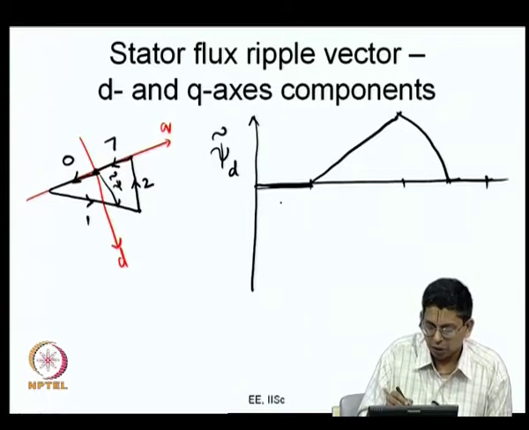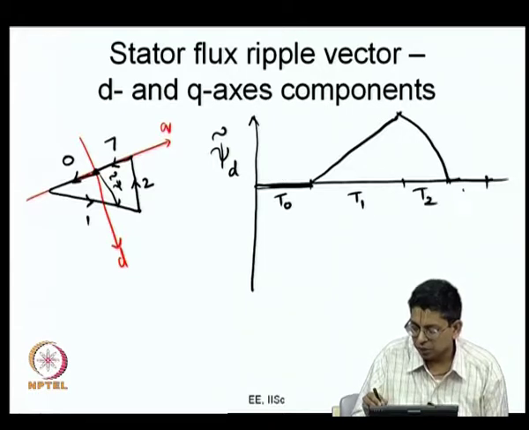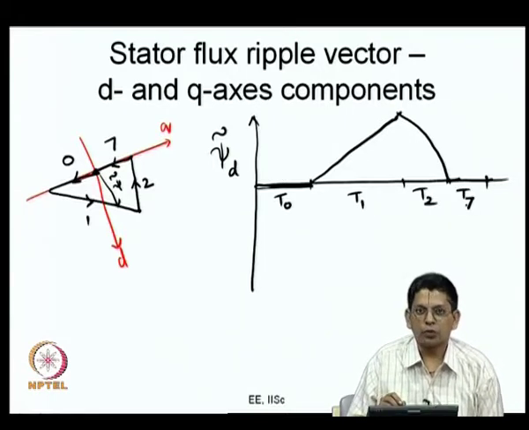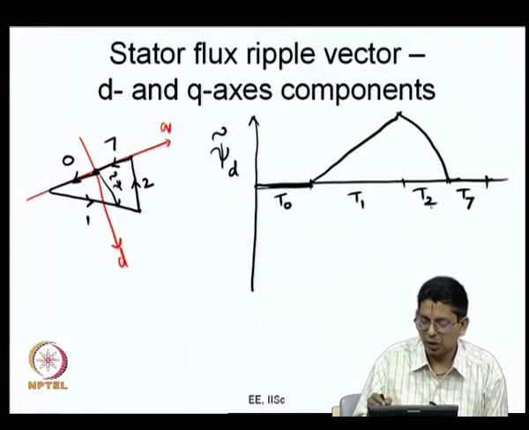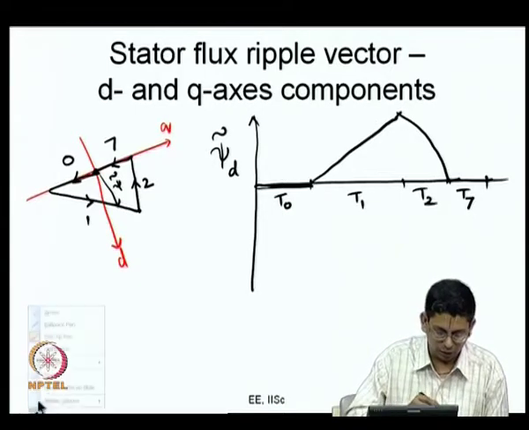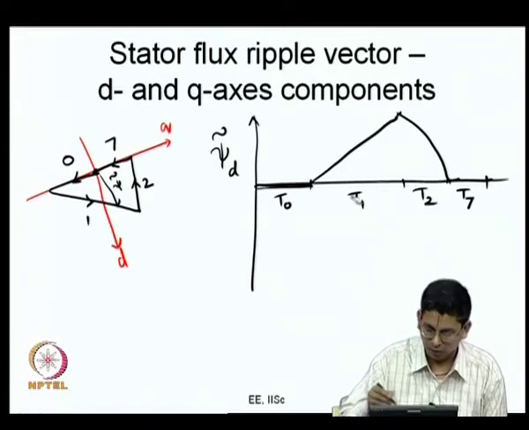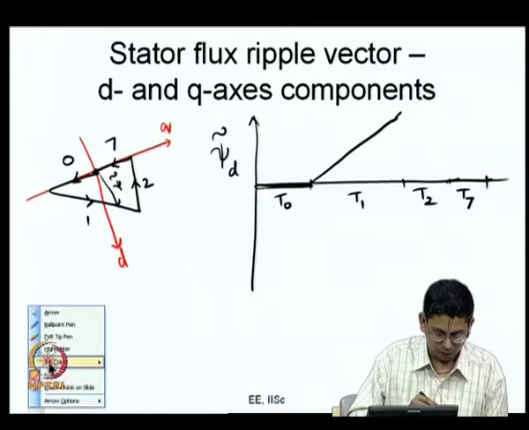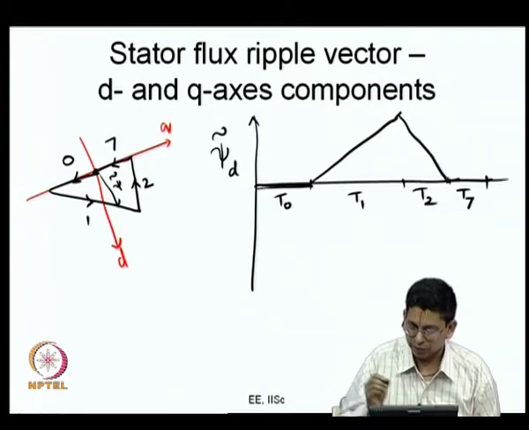So, this I would call T0, this is T1, this is T2 and this is T7. Of course, this is the time for which 0 state 0 is applied, T0, T1, T2 and T7. I have drawn for the 4 different durations, and this also should be a straight line. Let me try making this closer to a straight line. Okay. So, it is almost a straight line, it falls like this.